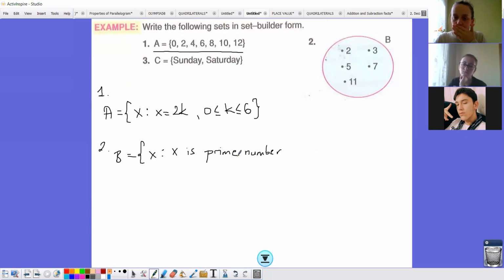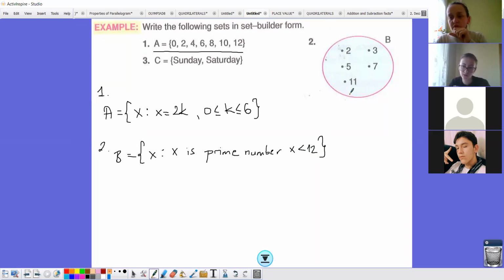So we can write that X is a prime number, X is less than 12. 11 is included there. Or you can write less than or equal to 11. Or if you write only less than, it will be less than 12 because 11 is there. And set builder form can be written also like this.